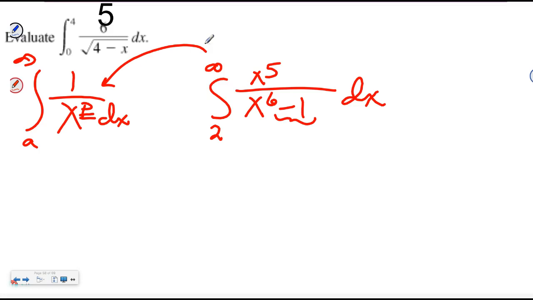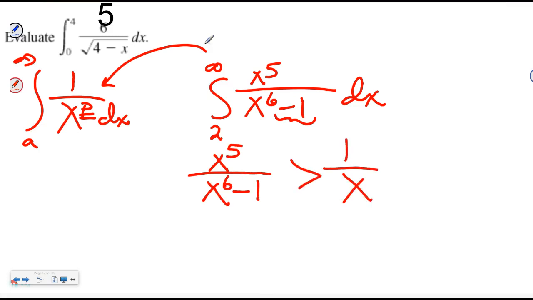Diverges. And if mine's over it, I've got a conclusive, easy conclusion. I'm over a divergent, I will what? Diverge. If I get under it, bad test. All right? So let's go take a look at it. I want to take and make sure that mine, which is this guy, rides over one that I know diverges. So really what I have to do is convince myself that mine is bigger than the divergent one.